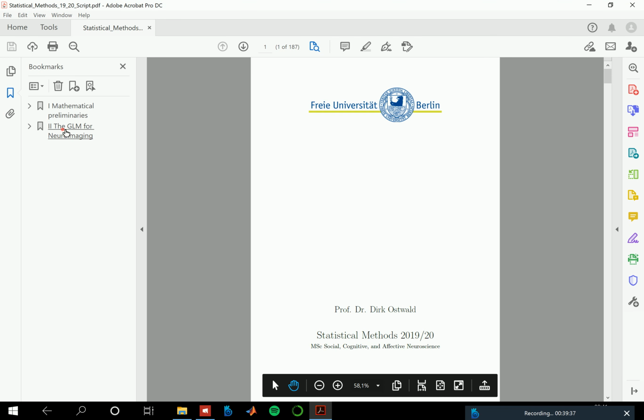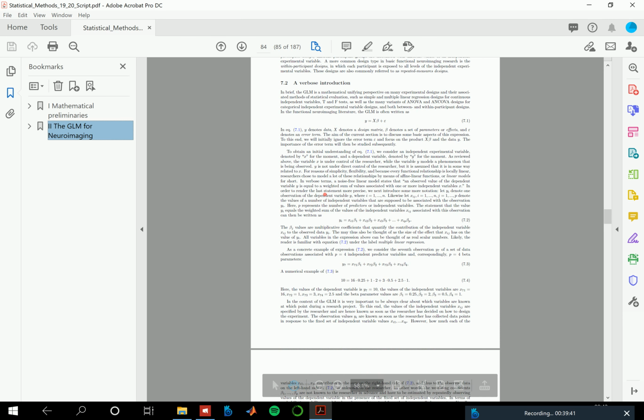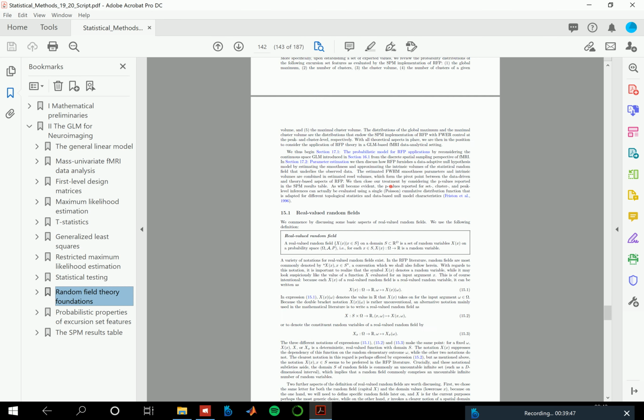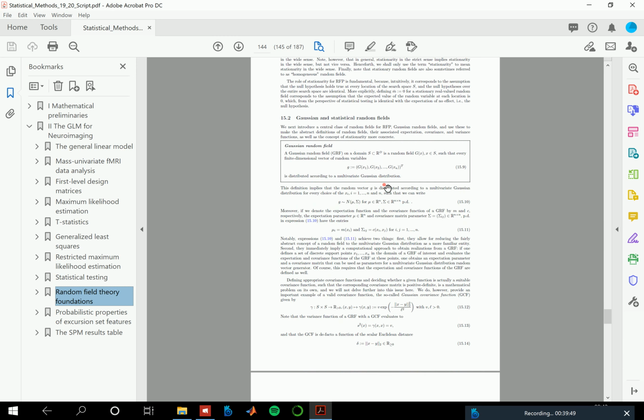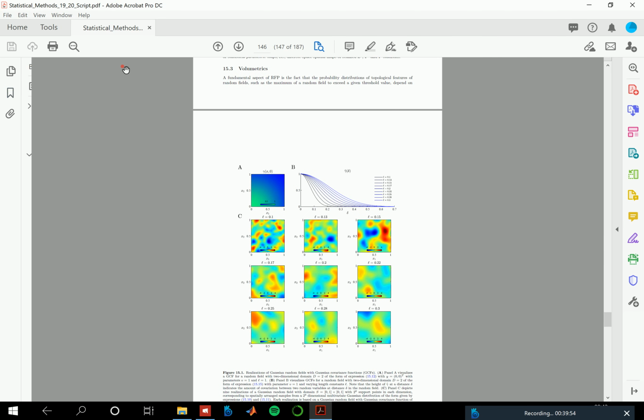So we haven't really introduced Gaussian random field yet, but we will do so next time. But it doesn't matter, so you can just view this as any random field here. So this is the visualization.